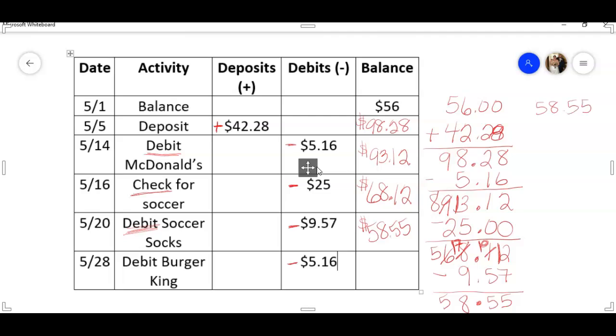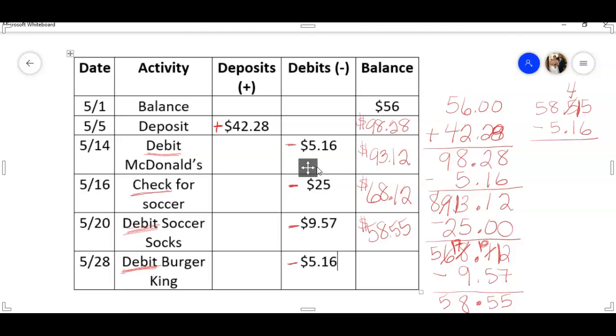Okay, I'm going to rewrite it over here because I ran out of room. So we can do the last one. Here's another debit. He's using his debit card again, and this time he went to Burger King. And so now he is subtracting $5.16. Well, I can't do 5 pennies minus 6 pennies, so I'm going to trade a dime for 10 pennies.